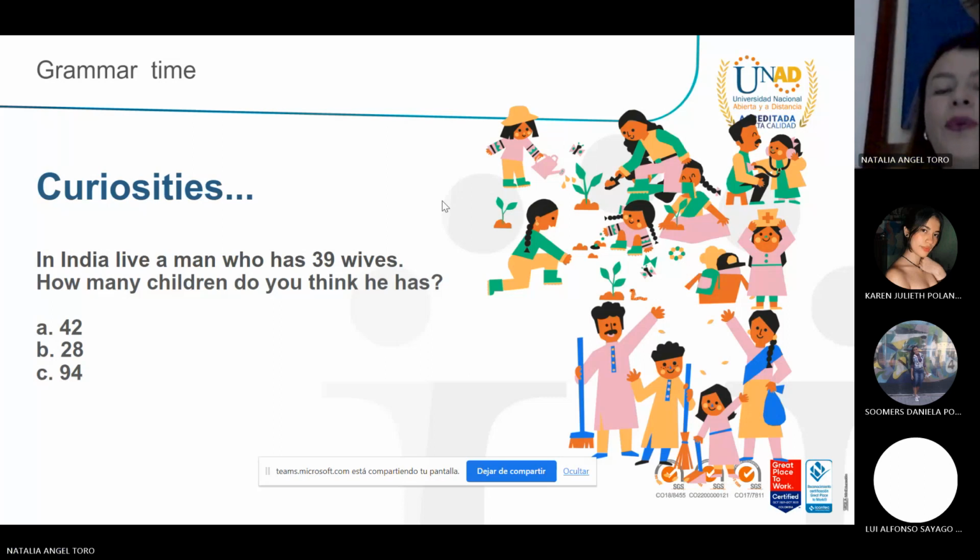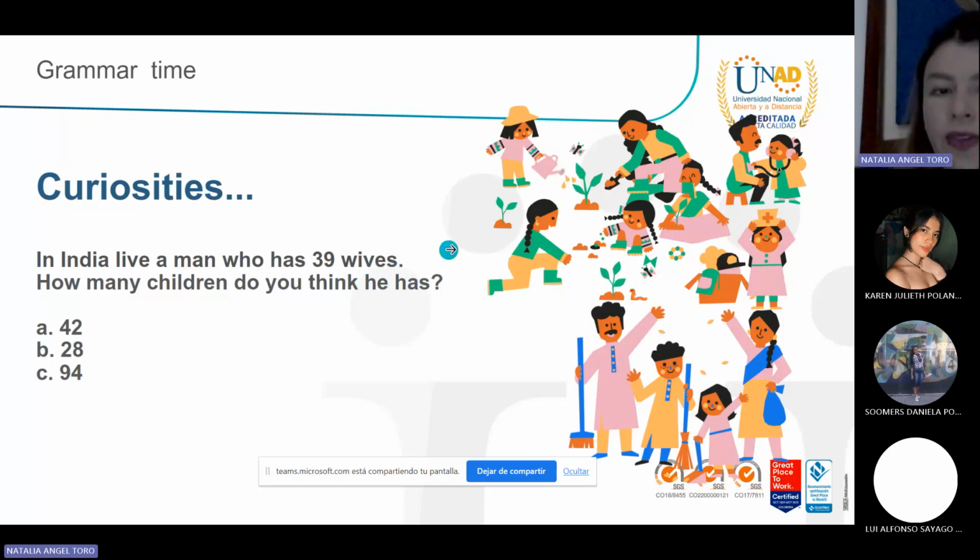So in that case, we talk about the husband and the wife. When we are talking about a lot of wives, the plural, we say wives with V. So this man has 39 wives. Can you imagine that?